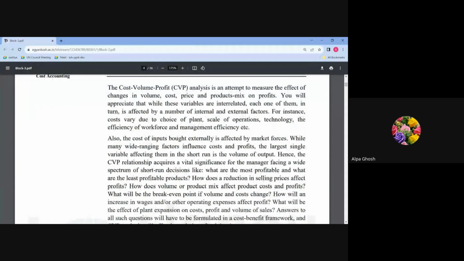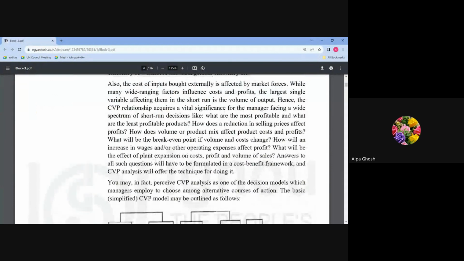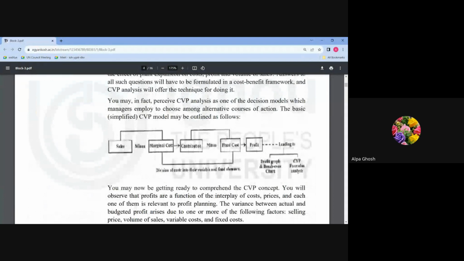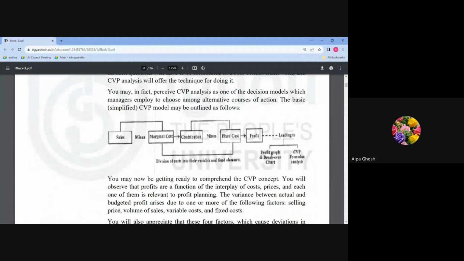Now if we want to find out how the CVP analysis is undertaken, it is a division of cost into variable and fixed elements. First you take sales. Sales minus marginal cost is contribution.